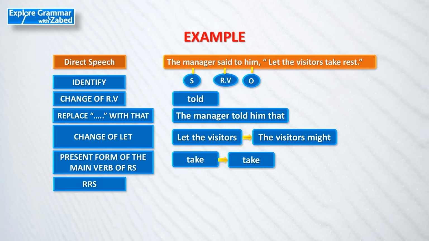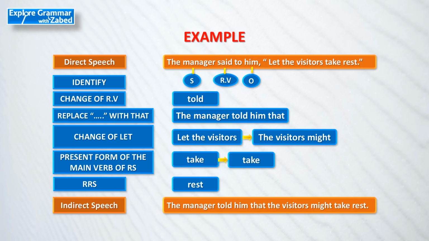Sixth step is to write the remaining part of the reported speech. Here, the remaining part is rest. So, the indirect speech of this sentence would look like, the manager told him that the visitors might take rest.